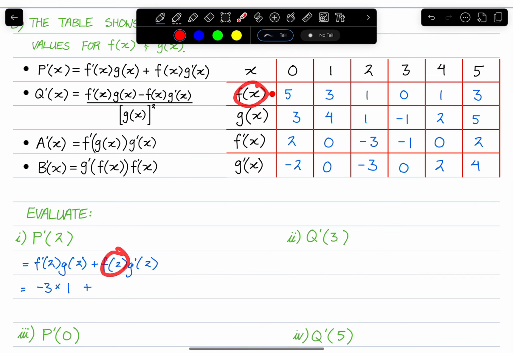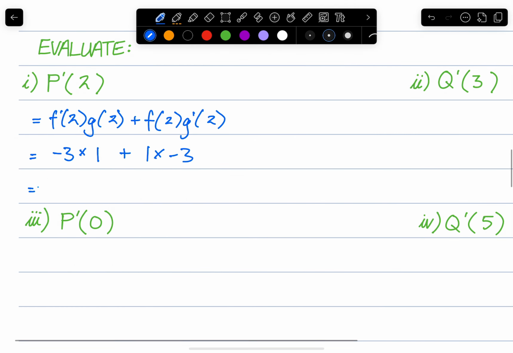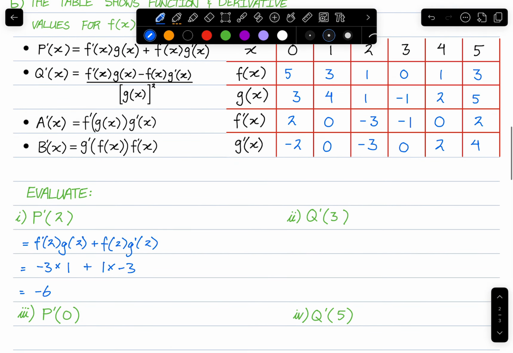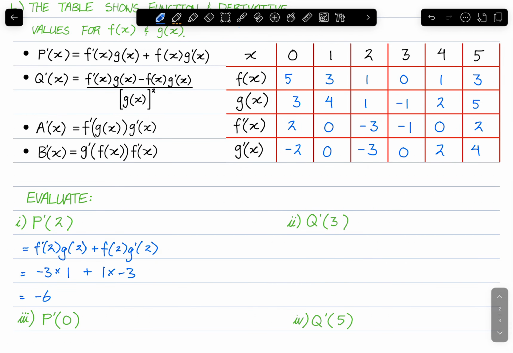F of 2 is 1, times, and remember there's a times here in between, g prime of 2, which is -3 again. So this will give us -3 plus -3. This is just -6. So p prime of 2 is -6. So that's how we would express it for this.